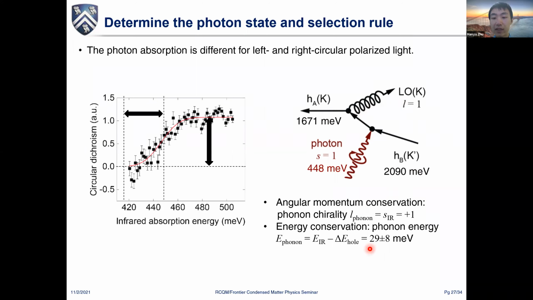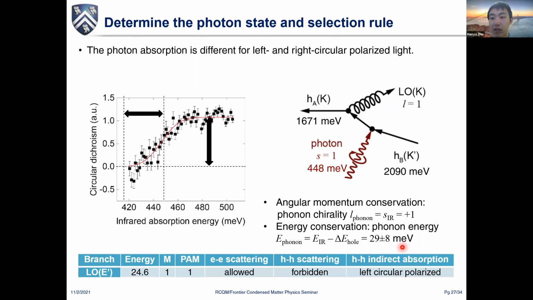So it seems that both these numbers agree with only one mode, the so-called LO mode, with a certain energy that is within this error bar, and then it is indeed allowed for indirect optical absorption.